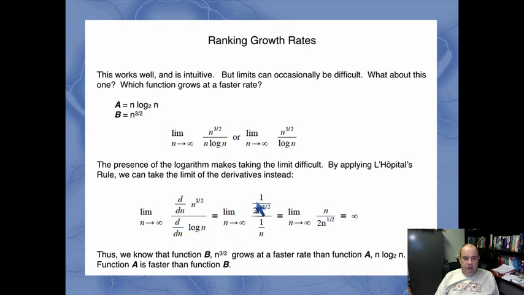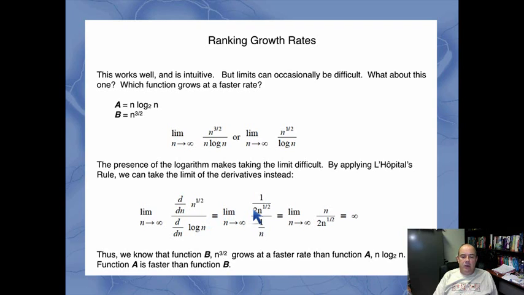Taking these derivatives, then we have 1 over 2n to the 1/2 over 1 over n, and here's the big payoff with L'Hopital's rule, because the derivative of log n is 1 over n. Now we have substituted the natural log for log base 2 here. We can do this because all logs grow at the same rate. As an exercise, you might want to take the limit of log base 2 of n over log base 10 of n and see what you get.